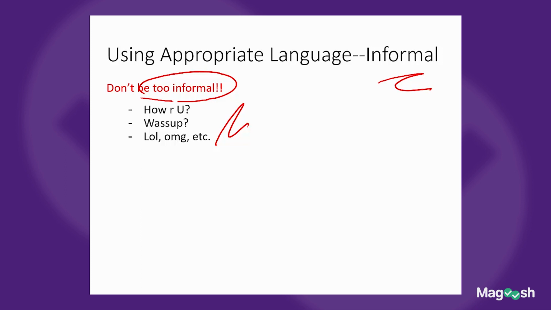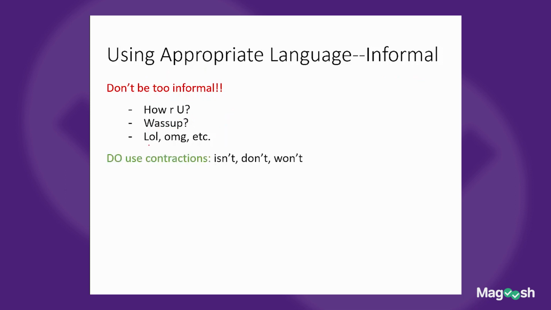You're using incomplete words, spellings of words, okay, or slang phrases, LOL, OMG, those kinds of things. They do not belong in your task 1 responses. Even though you certainly use this kind of language with your friends, it is too informal for your task 1 responses.